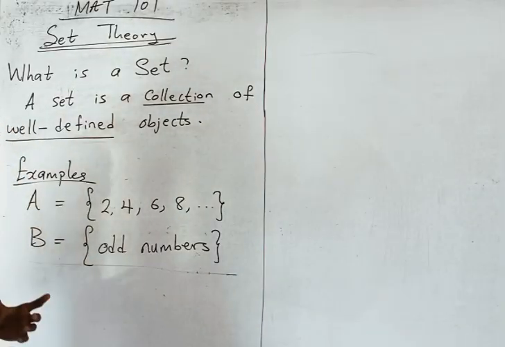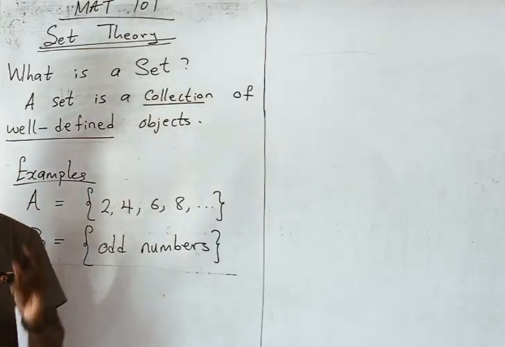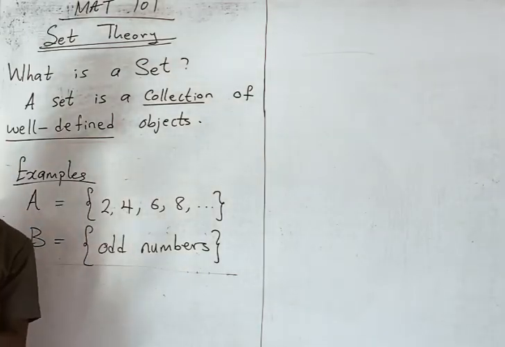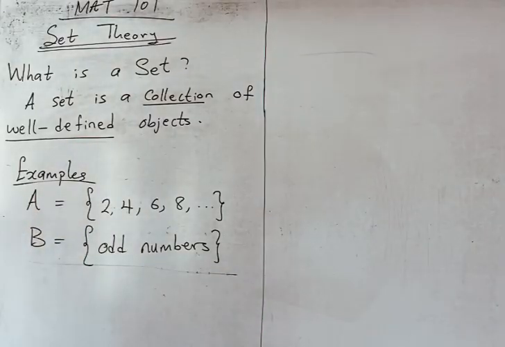So if you see an odd number, you should be able to identify it as an element of set B. So those are the examples of sets in mathematics. They are collections of things, and the things are explicitly stated. The characteristics are well explained and they are well defined. These are just little examples of sets in set theory.